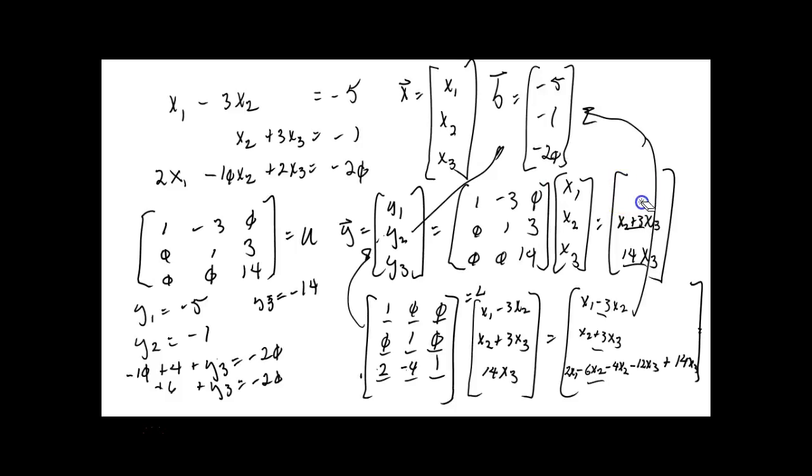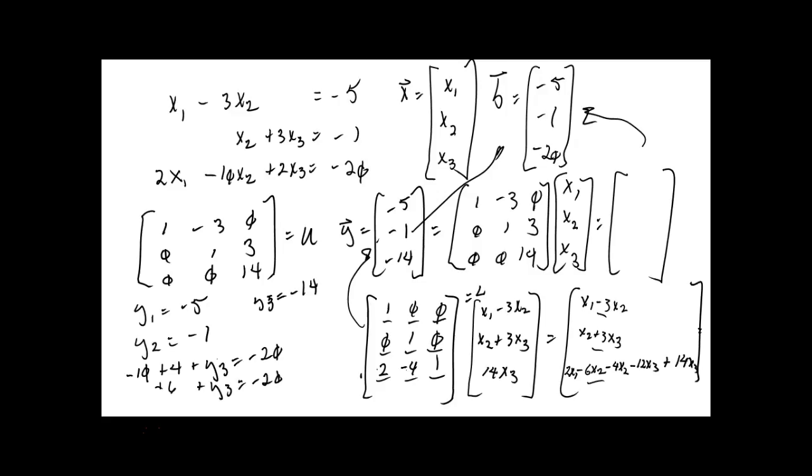Okay, this part right here. I'll erase that line too, it's in the way. Okay, now we know what these are. I'm using the same space because I don't have much room. So this was a minus 5, minus 1, and minus 14. This is such a pain in the neck.